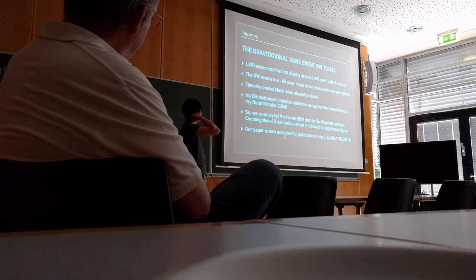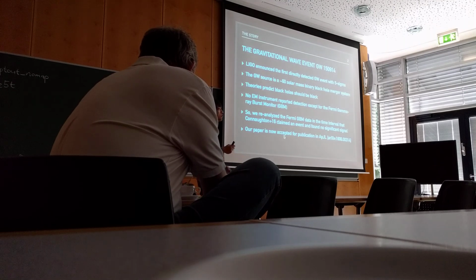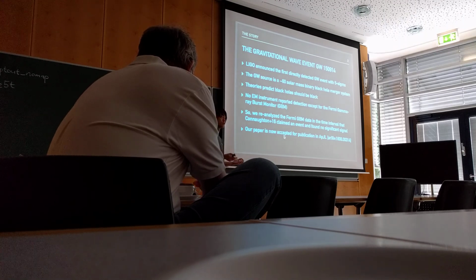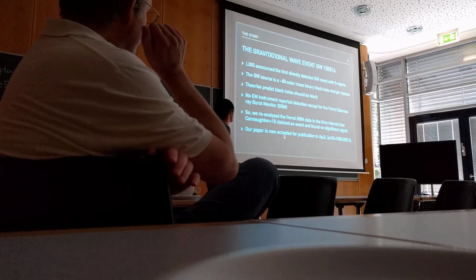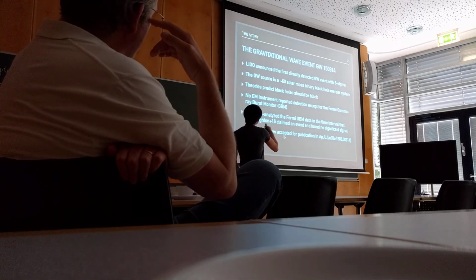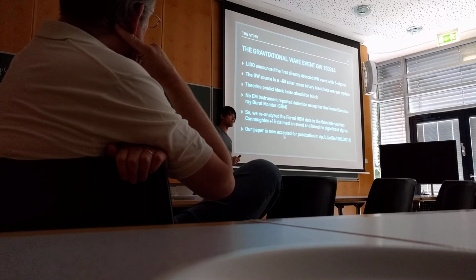The GW source is coming from about a 60 solar mass binary black hole merger, so those are two black holes. Theory predicts that black holes should be black. So this is the basic assumption. And no electromagnetic counterpart has been observed except for the claimed event from Fermi GBM.